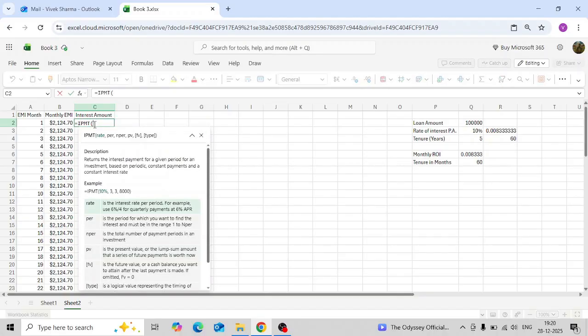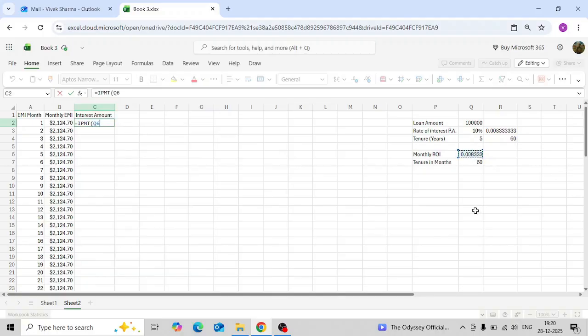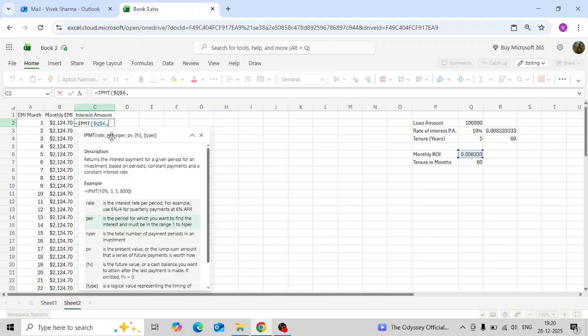Again we have a similar number of parameters, the only addition is period. The first component is rate. Obviously we are using the monthly interest rate, freeze the row. Then we have period.